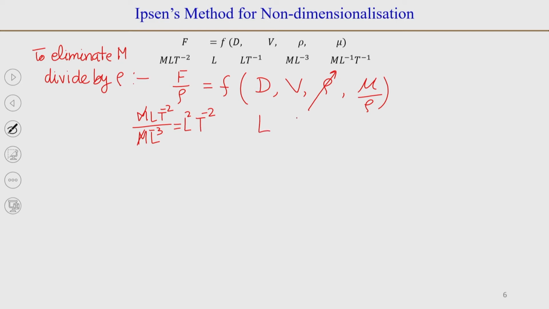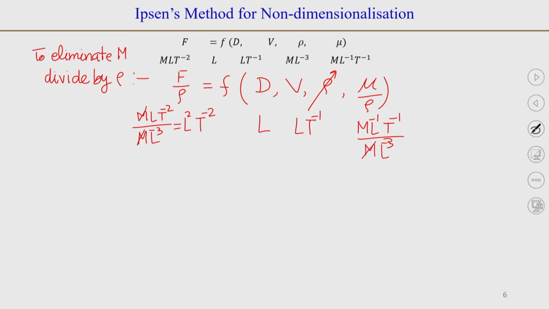D is L, V is L T minus 1, and mu over rho is M L minus 1 T minus 1 divided by M L raised to the power minus 3. So, M and M cancel out here, and you have L squared T raised to the power minus 1, and if you remember, this mu by rho is kinematic viscosity. Now, we have been able to successfully eliminate M from these dimensions.